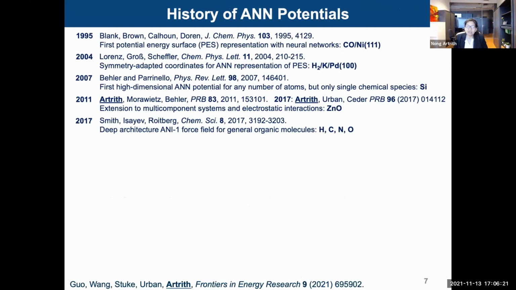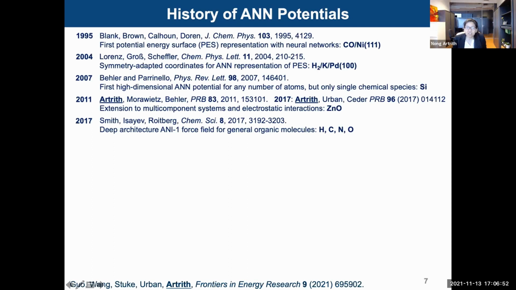This is not news. You can see here I list a few examples going back to 1995, when Doren already showed that neural networks can be used for a potential energy surface, for example nickel 111 and carbon monoxide. And in 2004, the Behler group also showed models that can describe the complicated palladium 100, hydrogen molecules, and also potassium.